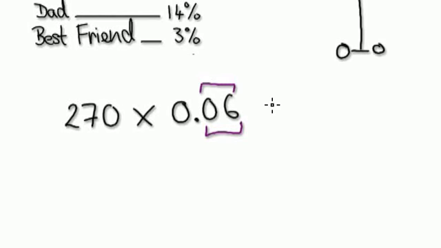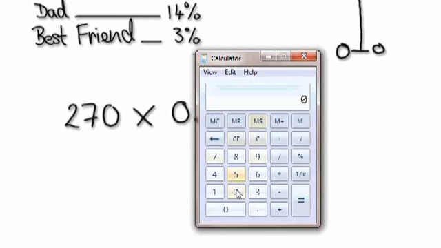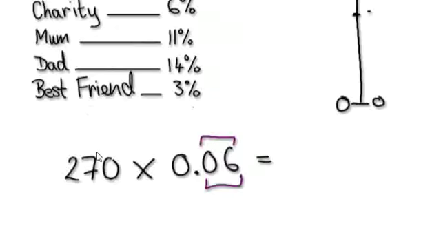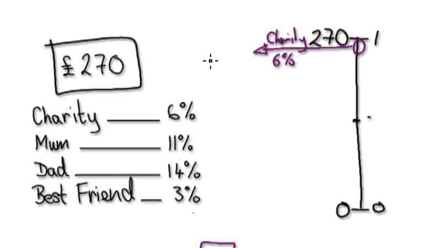Calculator. So all you have to do is get 270 times 0.06 equals 16.2.